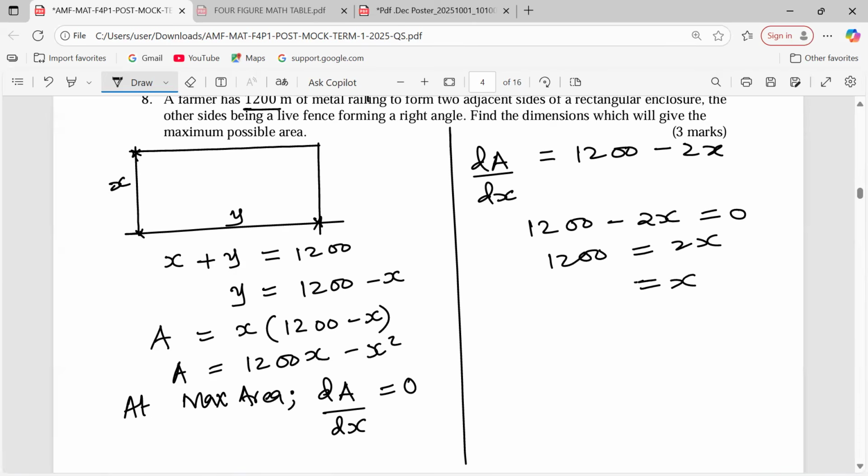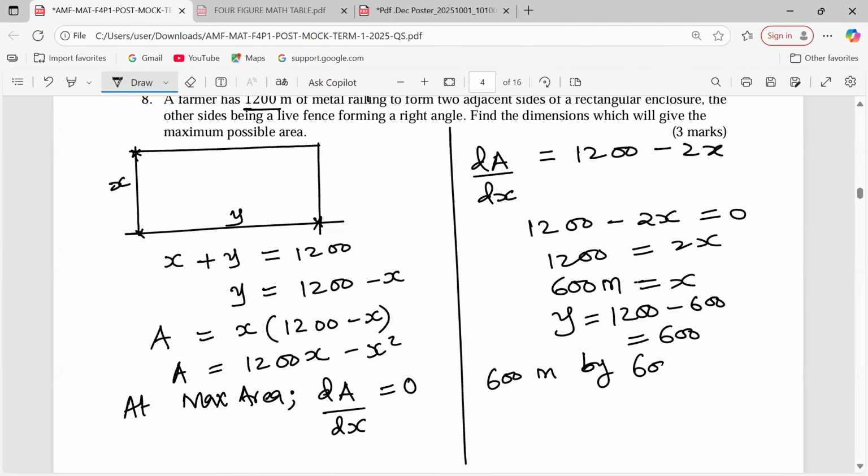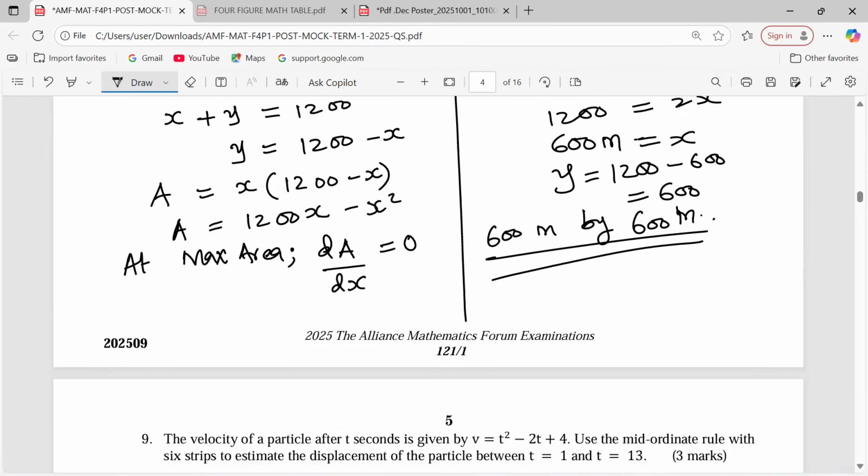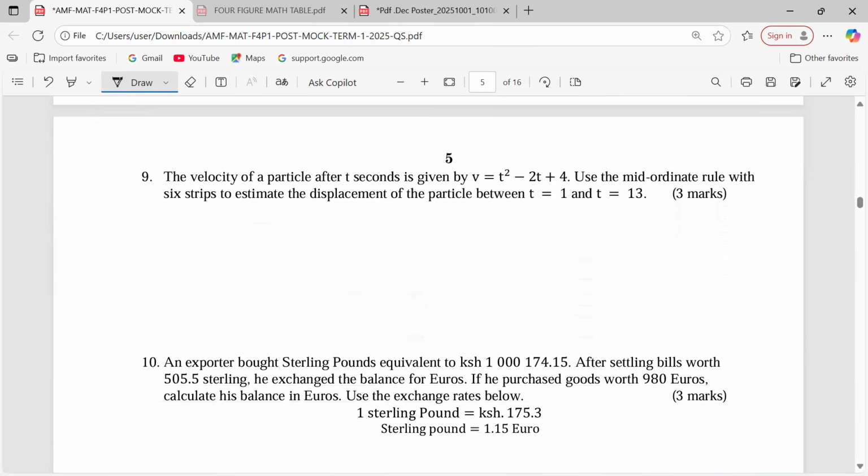The value of X becomes 600 meters. Then Y shall also be 600. So 600 meters by 600 meters is the dimension for maximum area. We call it maxima in differentiation.